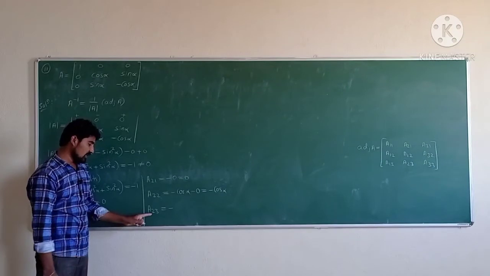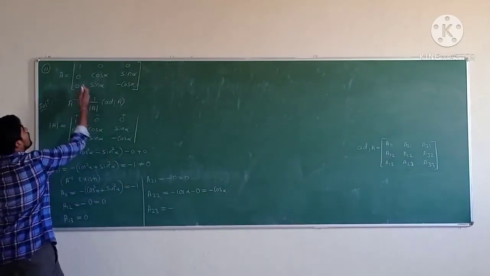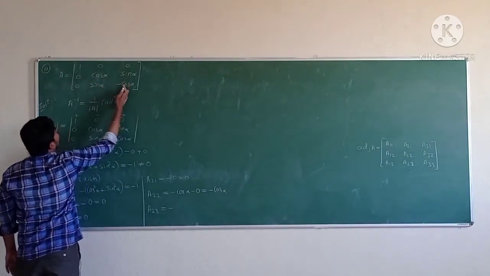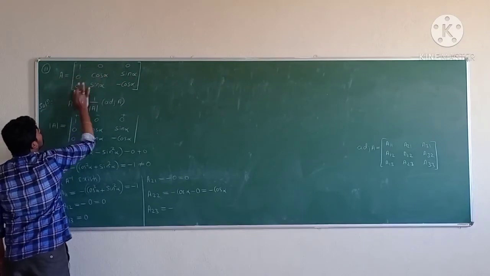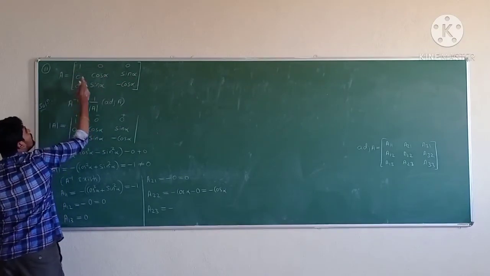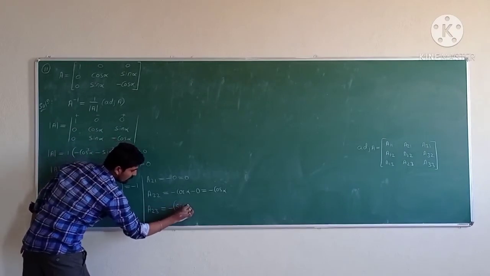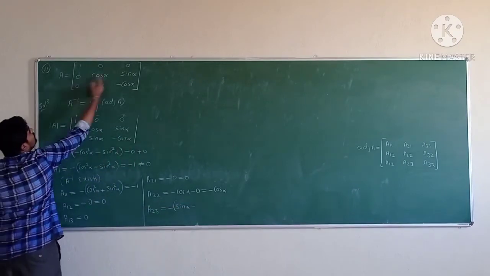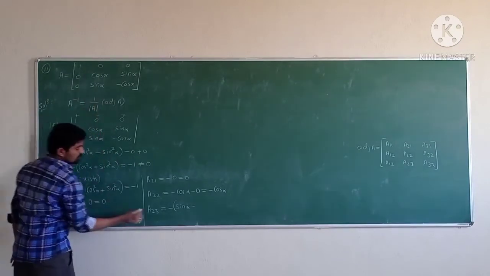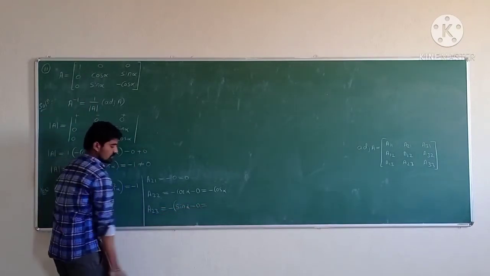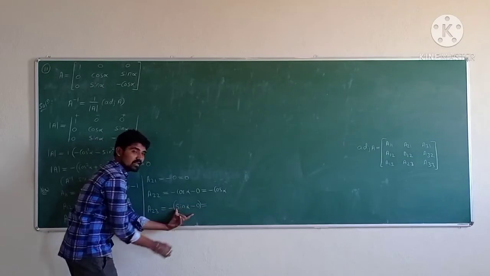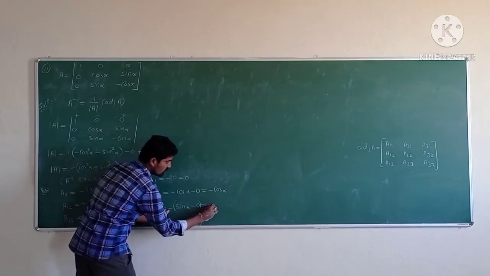A23 is obtained by deleting the second row, third column. After deleting this second row, third column, remaining elements 1, 0, 0, sin alpha: 1 into sin alpha, sin alpha, minus 0 into 0, 0, which is equal to sin alpha minus 0 is sin alpha, into minus, so minus sin alpha.